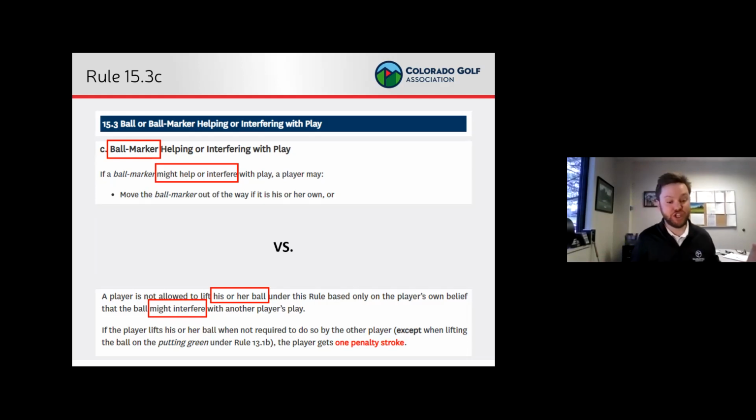But when you get your hands on your ball in play to move it, you need to be invited because it's a big deal. You're destroying essentially the lie that you had. Again, you're recreating it as best you can, but you never truly recreate it, in my opinion. So that's why I think the difference is there. Again, very small thing, but something to note.